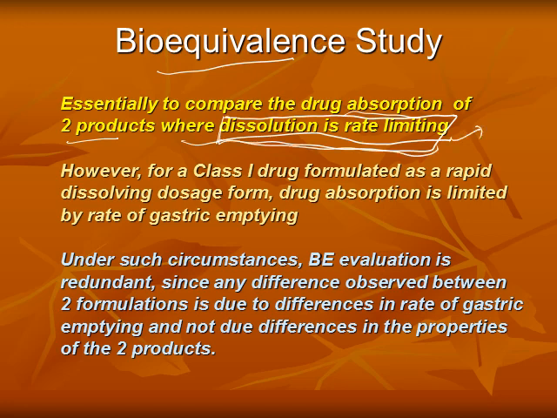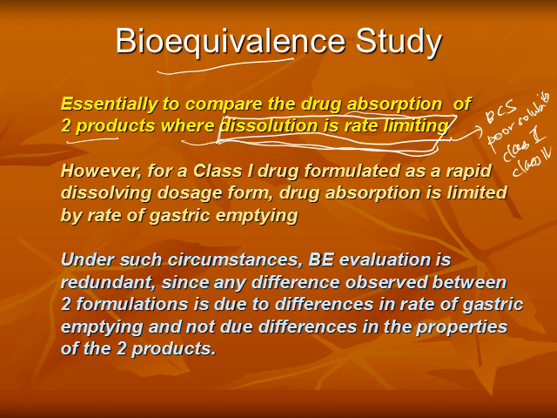According to BCS classification, which class has dissolution as the rate limiting step? Usually those drugs with poor solubilities, which are class 2 and class 4.